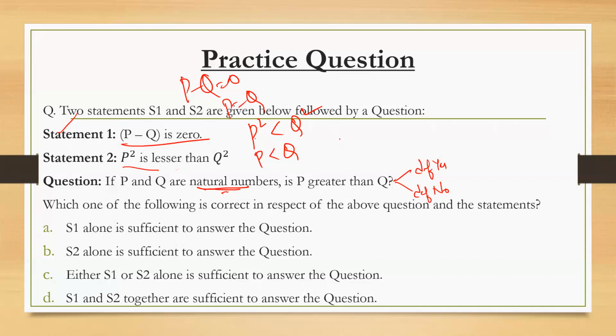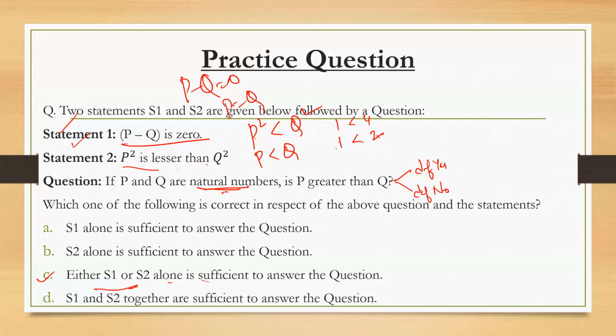For example, if this is 1 and this is 2, that is Q is greater than P, then their squares is also greater. 4 is greater than 1. So here this also answers my question, that is, is P greater than Q? Again, a definite no from statement 2 also. So here either S1 or S2 alone is sufficient to answer the question.